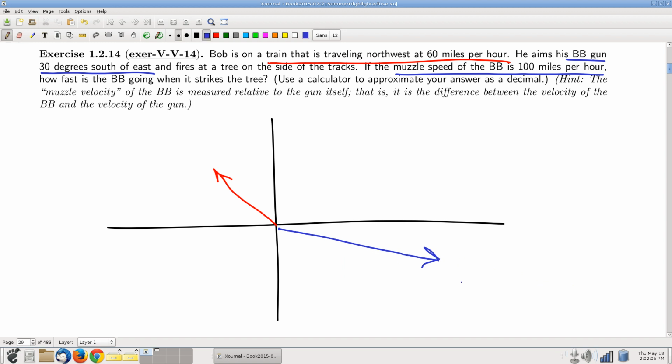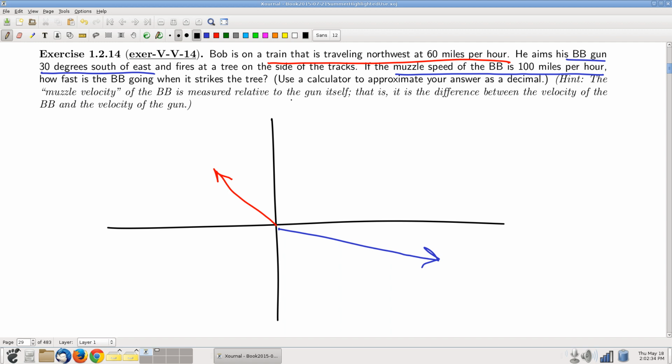Now, the hint is critical here. The hint says that the muzzle velocity of the BB is measured relative to the gun. So, we're on a train. If you're on a train and it's cruising along, you might get up and take a leisurely stroll at 2 miles an hour.